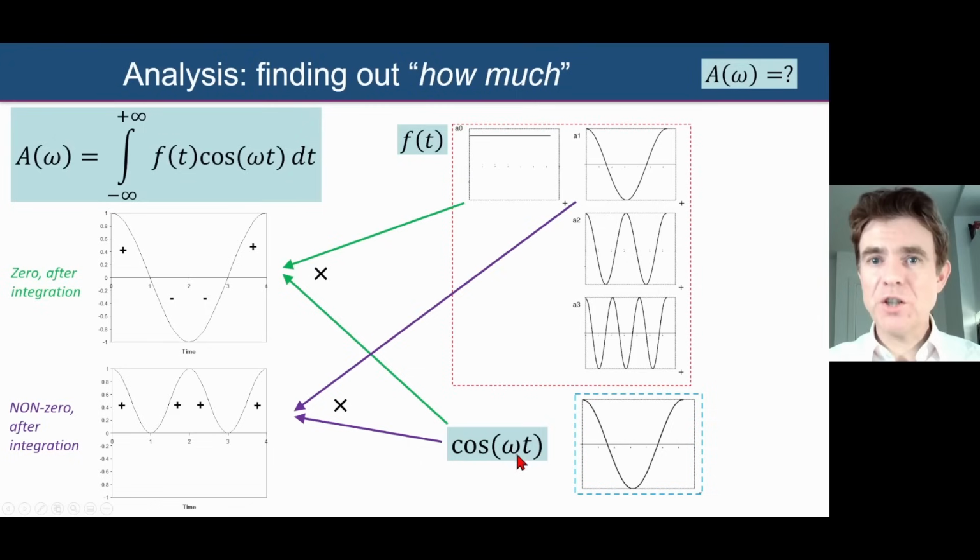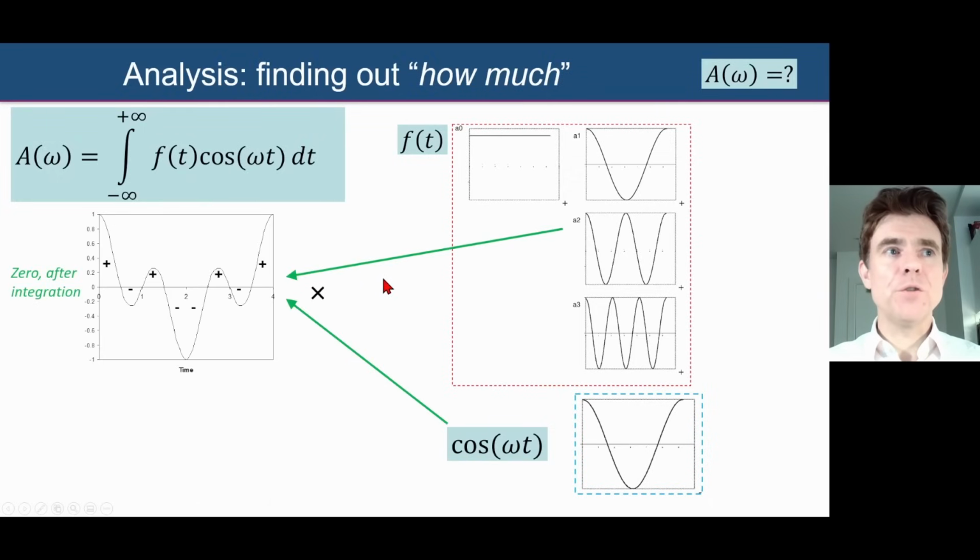Because when this particular frequency omega meets any other frequency that's in f of t, it will, when multiplied, give a function that's as much positive as it is negative, such that when you do this integral, you get 0. In other words, multiplying this by all of these frequencies will only give a finite result when it finds itself. All the others will look something like this: positive, negative, negative, positive. Integrate will give a 0 result.